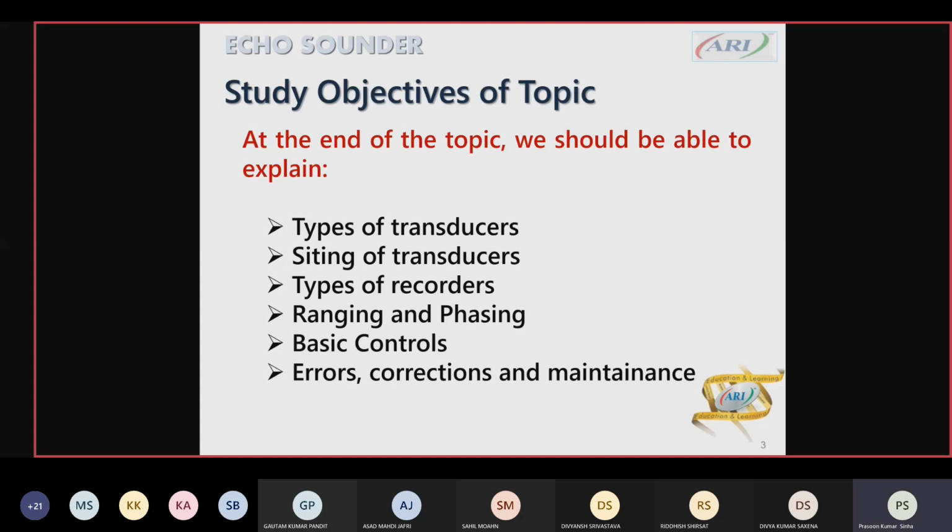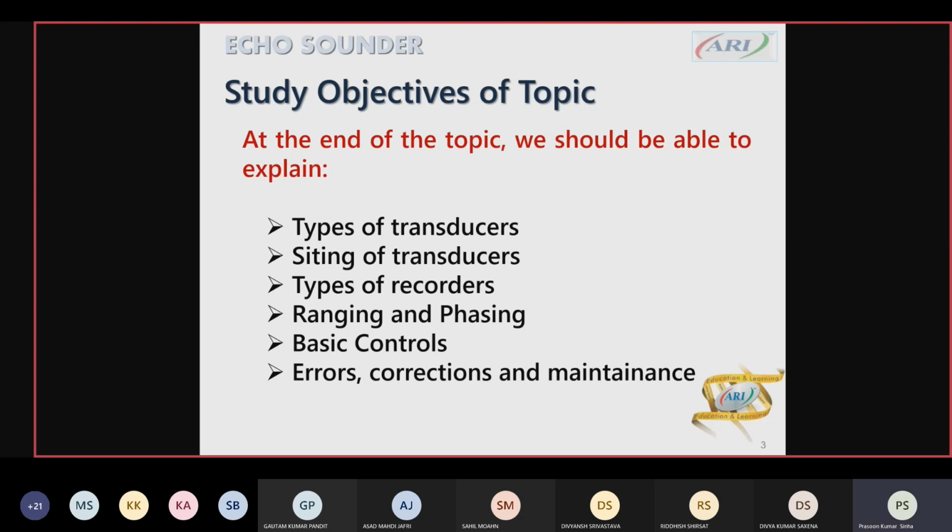Basic controls के बारे में बात किया अभी हमने. We'll see what the controls are. Then there will be errors of the echo sounder. Why can there be error in the echo sounder? We'll see that. Then some corrections when we are reading the depth on screen, maybe digitally displayed in digits also.